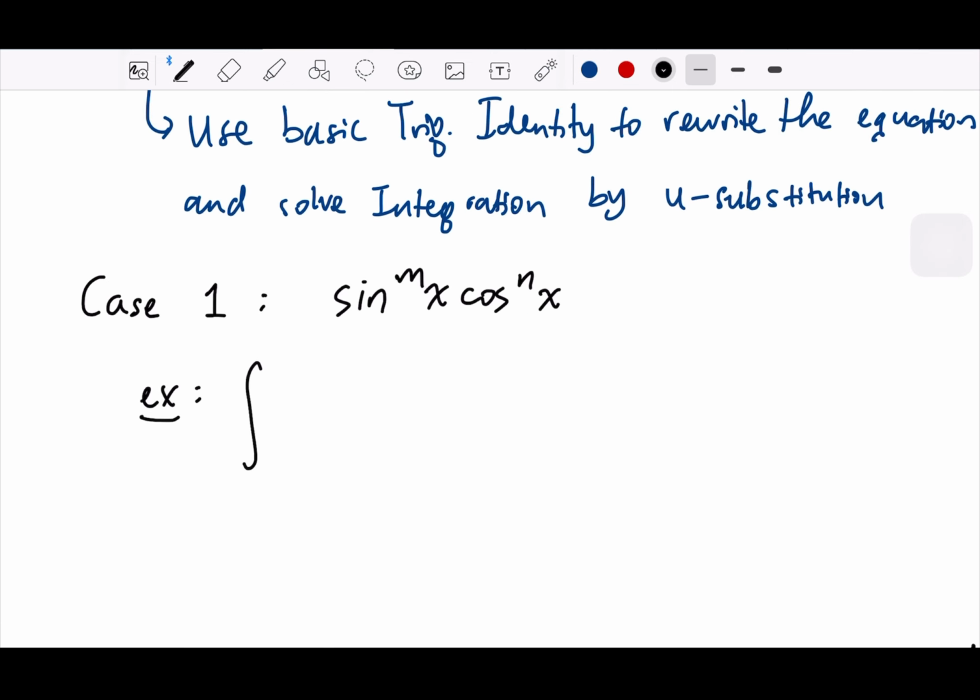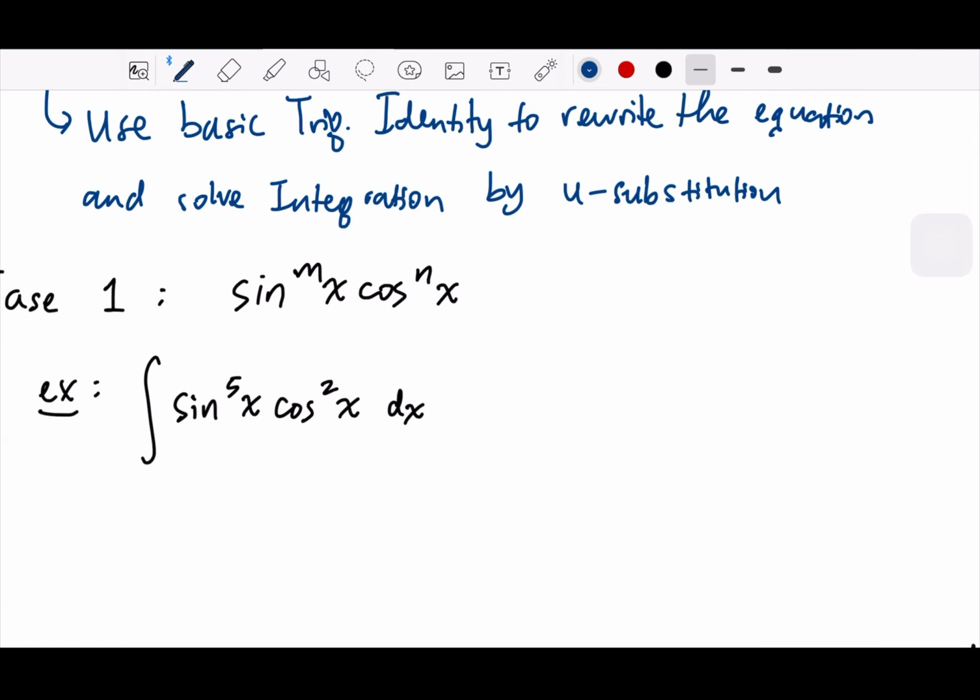Solve the integration sine with power of 5 x and cosine squared x dx.